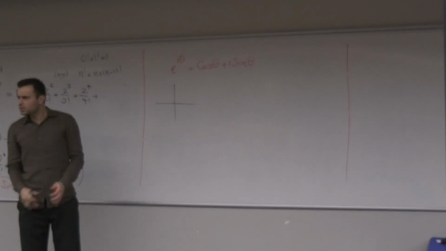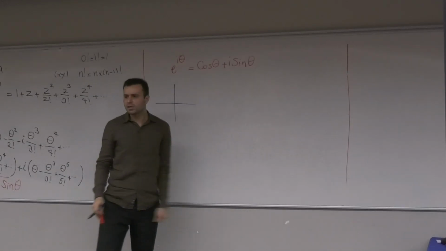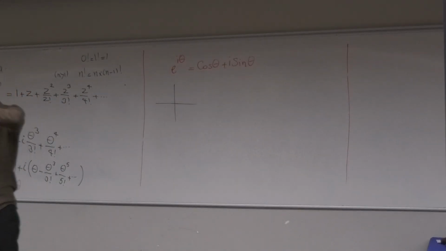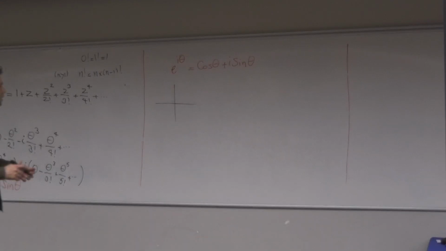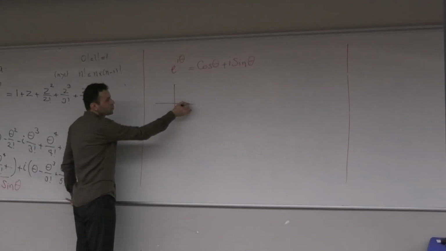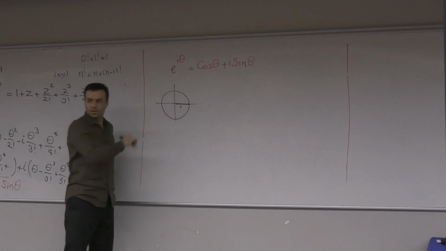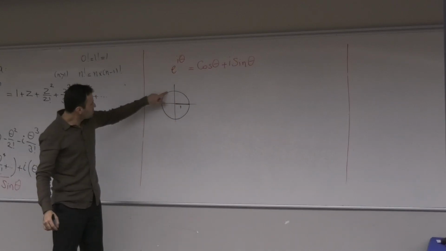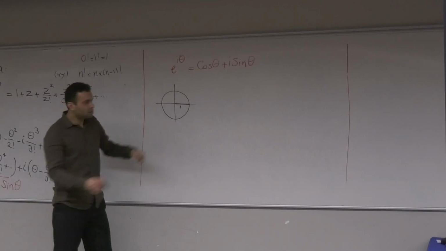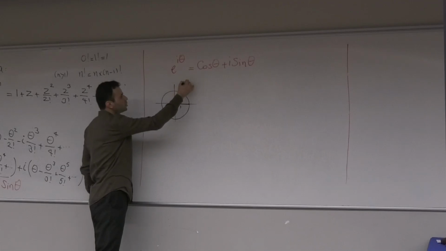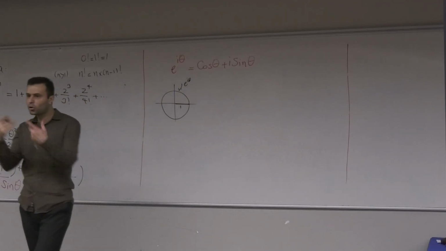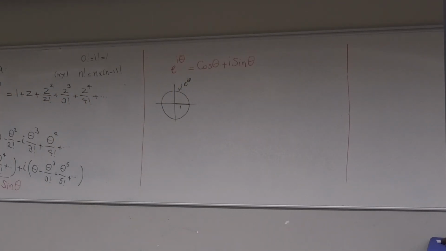What were the numbers cosine of theta plus i sine of theta? As theta was changing, they were all of the numbers living on the unit circle, right? Distance 1. So any complex number which lives on this circle also has this e to the power of i theta form of representation.